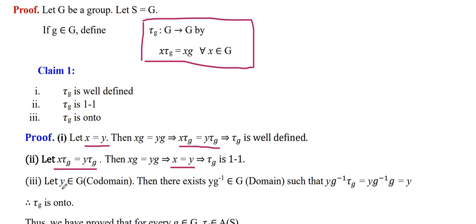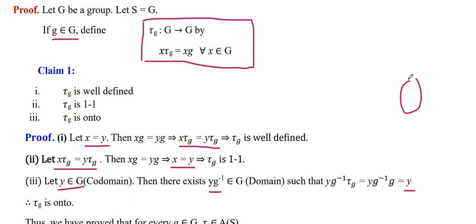Now for onto, we consider an element y in G. Here both domain and codomain being the same, we mention that this G refers to the codomain. Let y belong to G, then there exists y g inverse in the domain. See, we have considered y in G, and g in G already exists. G is a group, so y g inverse is present in G, and that is in the domain, such that the image of y g inverse under tau g gives us y g inverse g, and that is y itself.